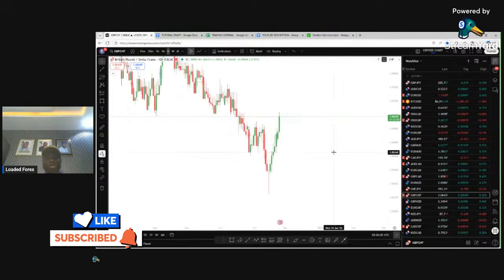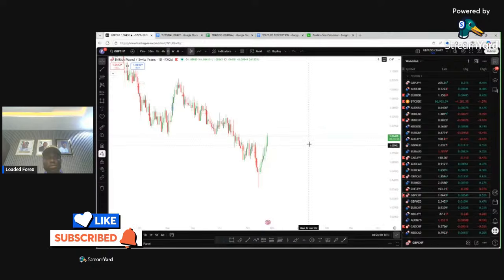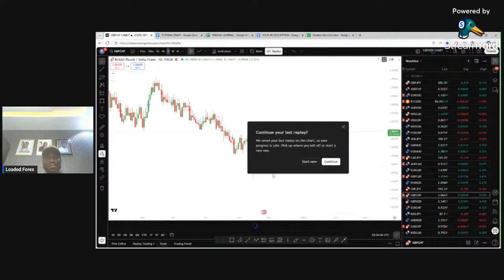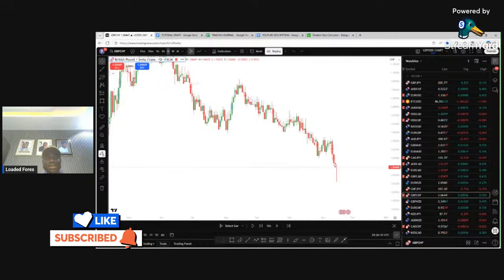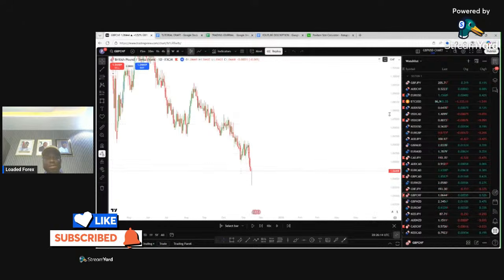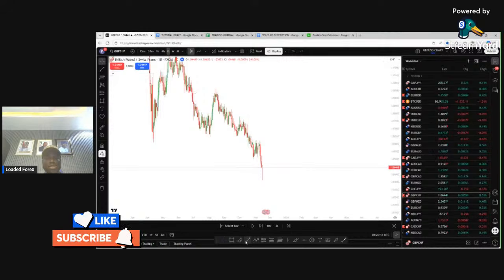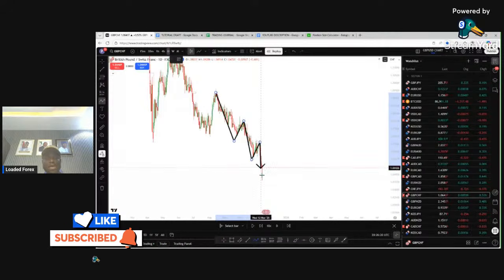So let's see what is going on GBPCHF. On GBPCHF, as you all know, let me take the candlestick back so that you guys can understand the structure very well. Sometime ago, the price action was trending to the downside: lower low, lower high, lower low, lower high, lower low.